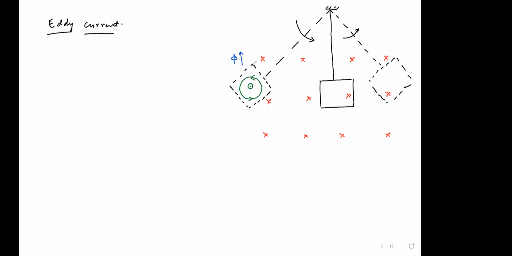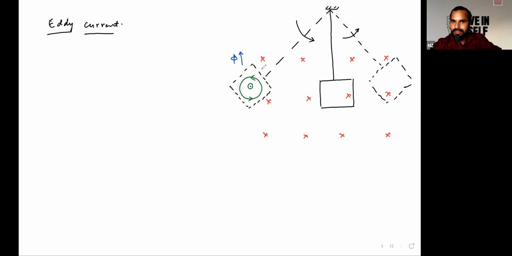What I have just defined here, since we have a metallic plate which is just entering this particular region of uniform magnetic field, due to this entering, the number of magnetic field lines crossing through this loop would start increasing. Due to that increase, flux would start increasing. And according to Lenz's law, if there is a change of magnetic flux, an EMF will be induced.